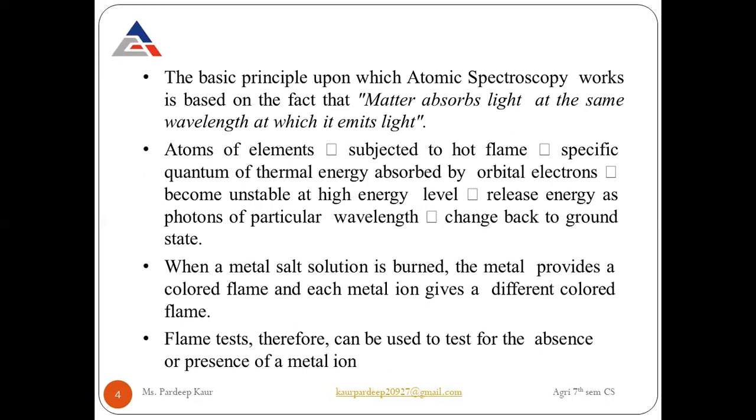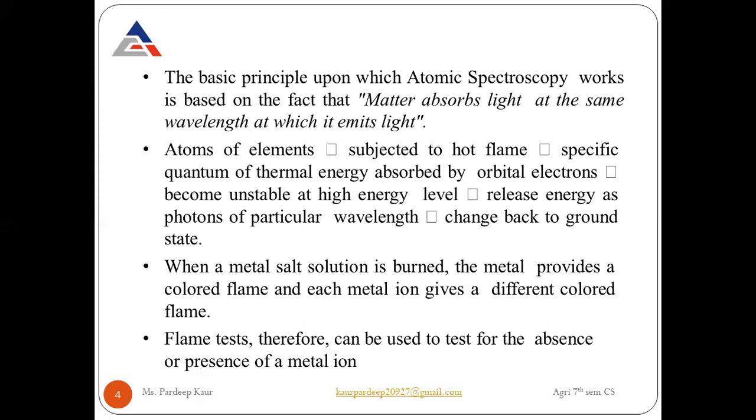The first step is that atoms of the element are subjected to a hot flame. Then the specific quantum of thermal energy is absorbed by orbital electrons, which become unstable at a very high energy level and then release energy as photons of particular wavelength and change back to ground state. This is the procedure of the photometer.